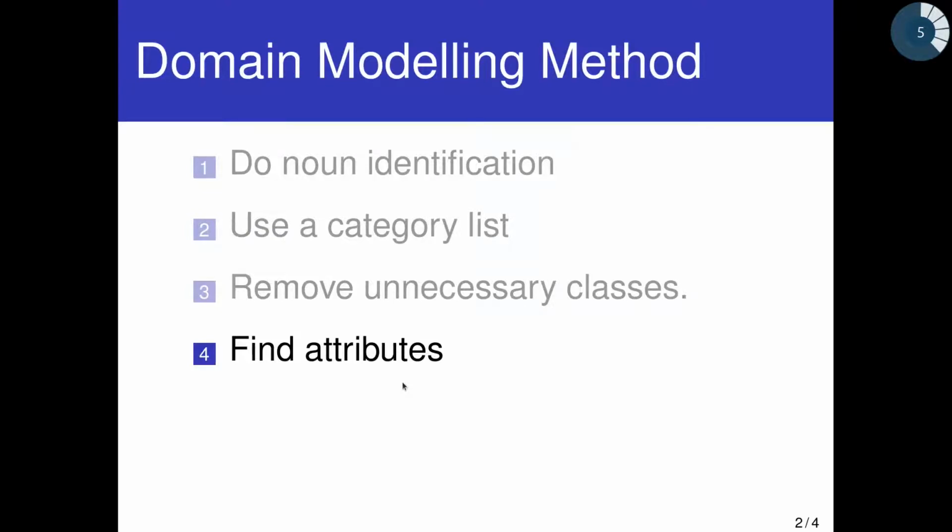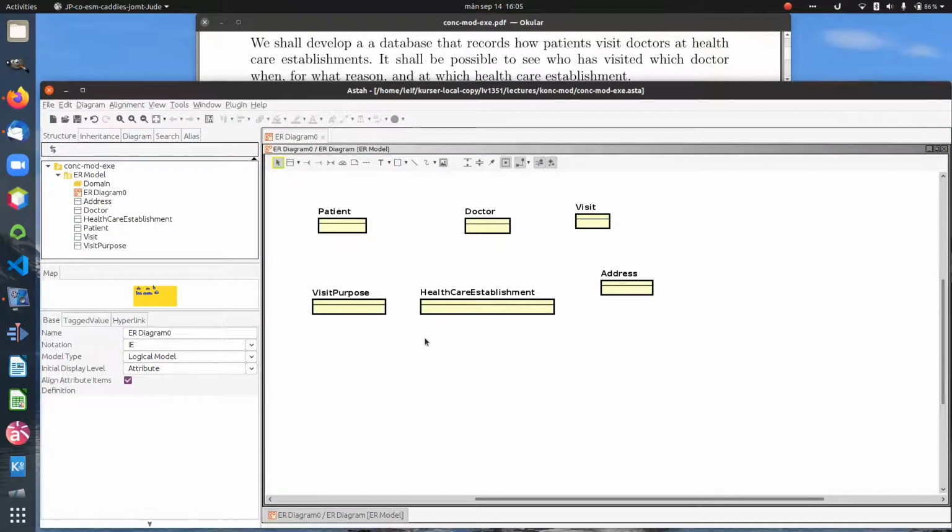But before looking for attributes, we must know what criteria there is to model something as an attribute. So one thing is that we can say an attribute must be either a string, Boolean, number, or time including date.